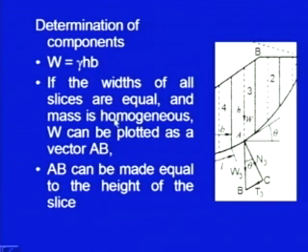But remember, in that case the soil should be homogeneous, and the width should be the same for all the slices. So, we can draw the h length here, and as I told you, you can draw the radial vector and draw a line perpendicular to the radial vector, then you can get the component N and component T.